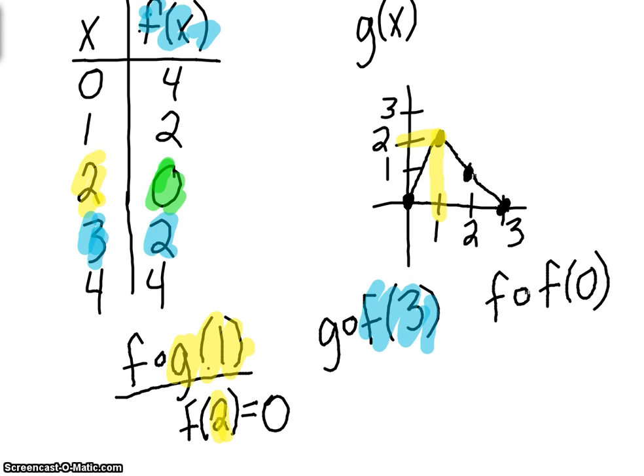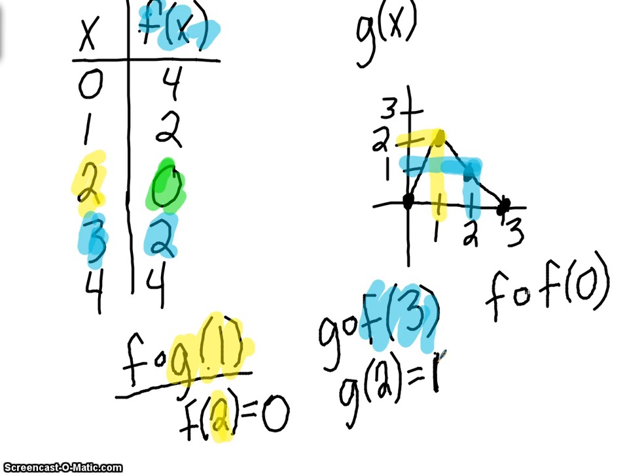So really, I'm going to be finding g of 2. When I find g of 2, I'm looking for the y value when x is 2. On the g graph, if x is 2, my y value was 1. So g of f of 3 gives us a final value of 1.